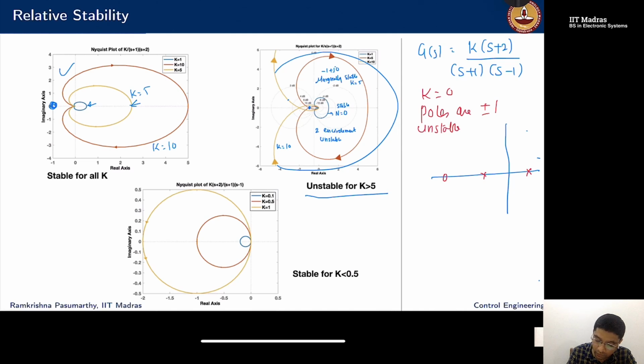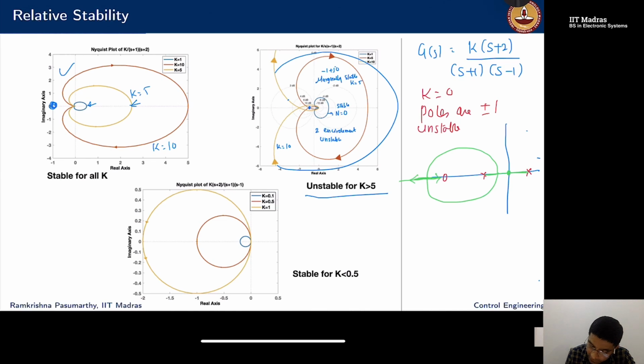If I draw the root locus for this now, using a green pen, this part of the real line will be on the root locus. This will come this side, and they meet at some point and possibly go here. One pole will go to the zero here, and the other pole will go to infinity.